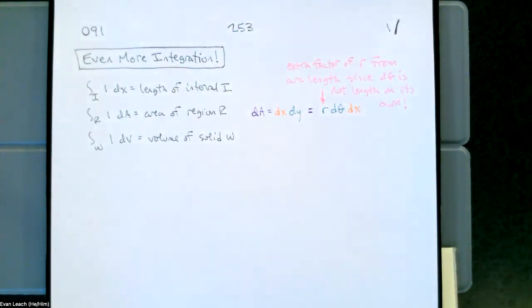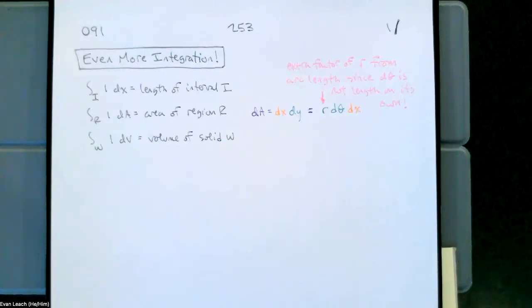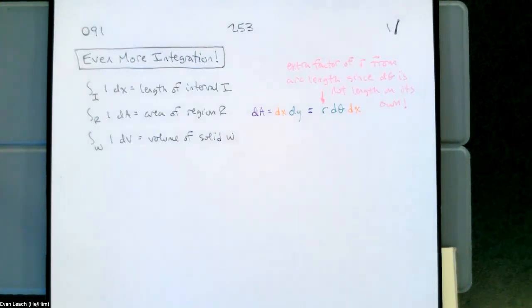When r is very small, d theta is going to be very small. But as we get further away with the same angle at the origin, that d theta is going to become wider and wider. Once we have that extra factor of r in there, the d theta became a length multiplied by the dx, which is also a length.